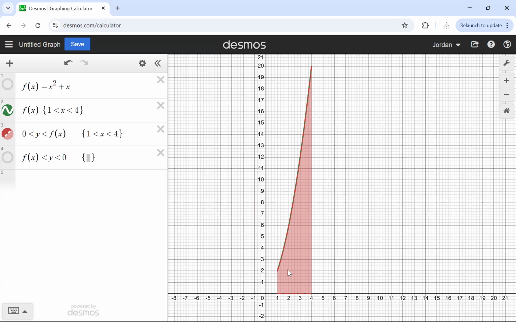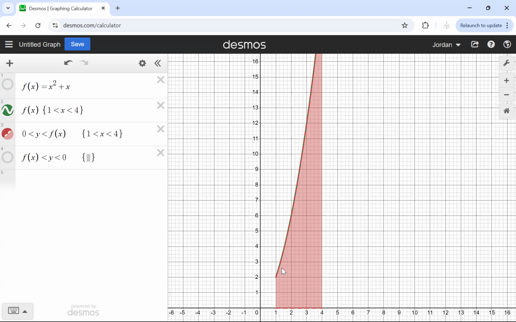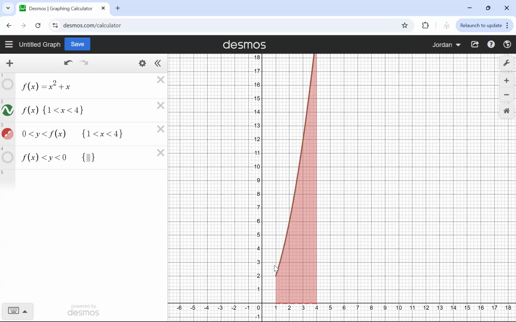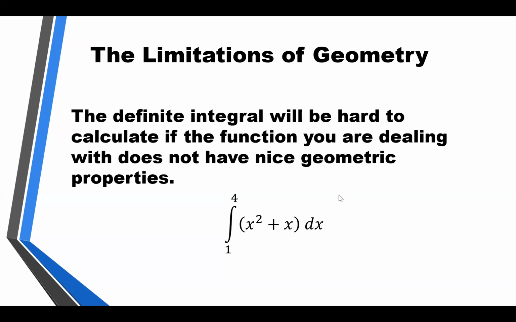Now, obviously, this curve is not a straight line. It's bent, it's parabolic shaped. And so our geometric tools are not going to work really nicely. So this one would be really hard to calculate using those geometric tools.